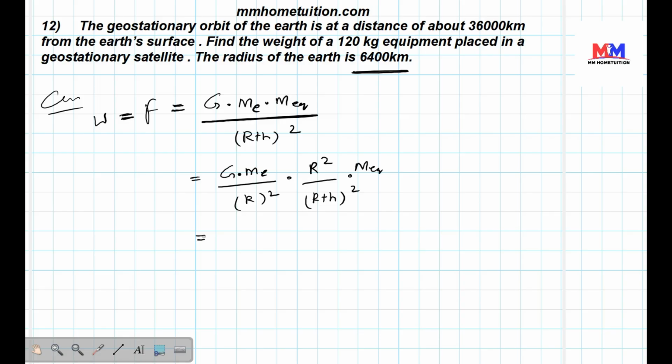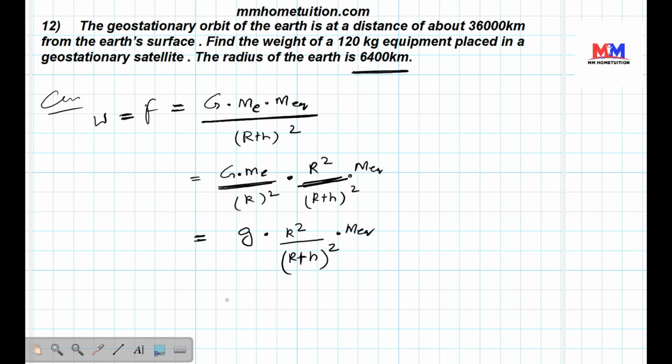So that equals GM divided by R square into R square by R plus H whole square into mass of the equipment. GM by R square is g, into R square divided by R plus H whole square into mass of the equipment.